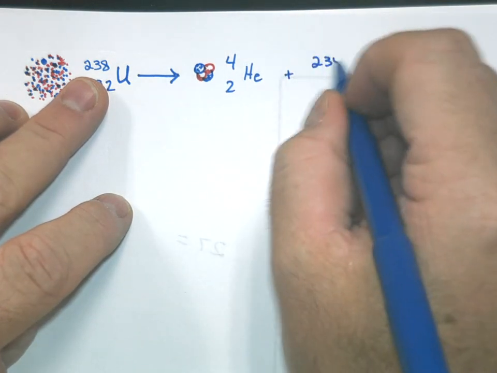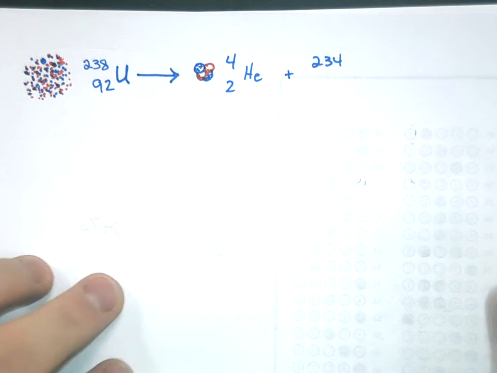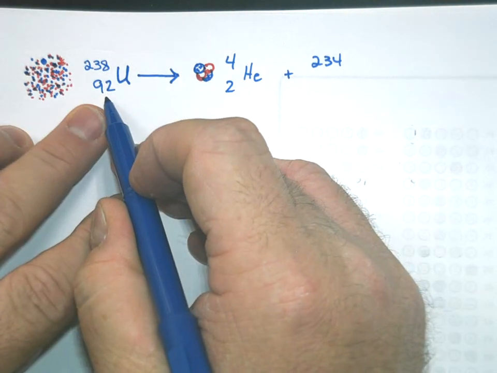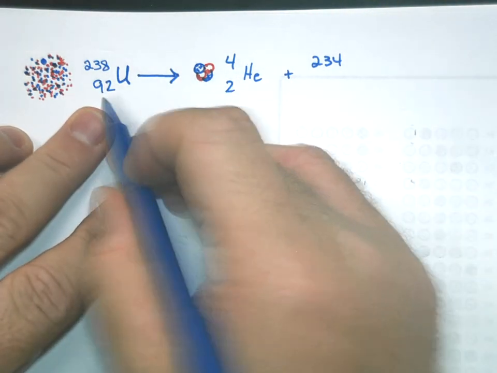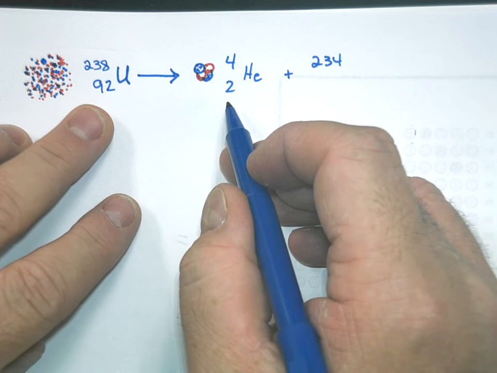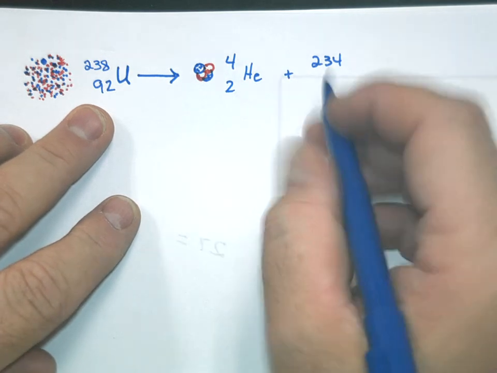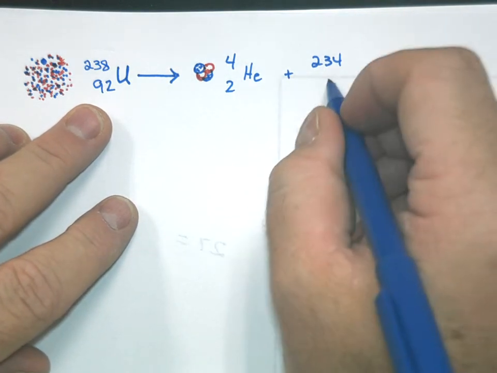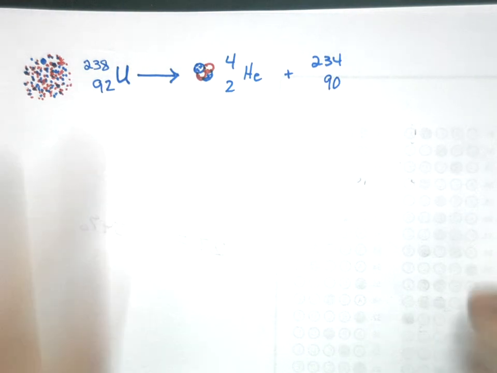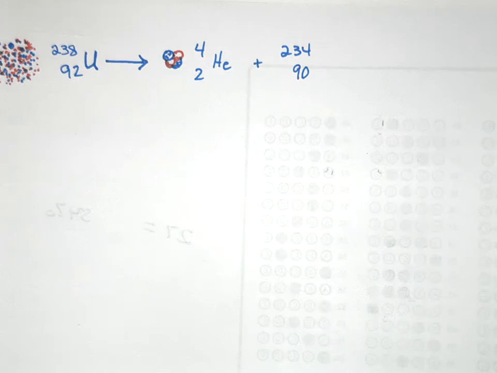And then over here, 92 is our atomic number, and with our alpha particle release, we lose 2 of our protons. How many do we have left? 90. Well, wait a second. If this is 90 protons, what do we have? We have a new element. It's a different element than what we had before.